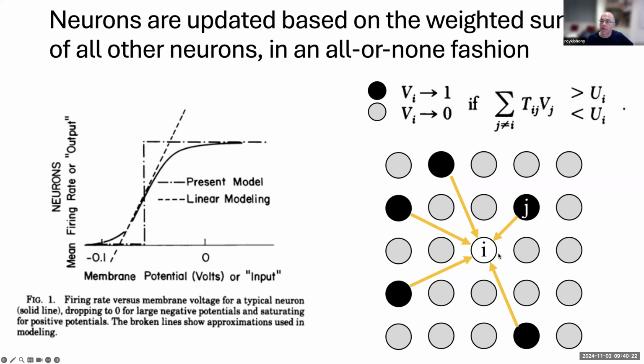Here's my neuron, and my neuron is going to start firing if the input it gets from neighboring neurons that are also firing is larger than some threshold. Very, very simple. All neurons are connected, they have weights, and each neuron just sums all of the contributions from all other neurons that fire, and if it's larger than a value, it's going to start firing.